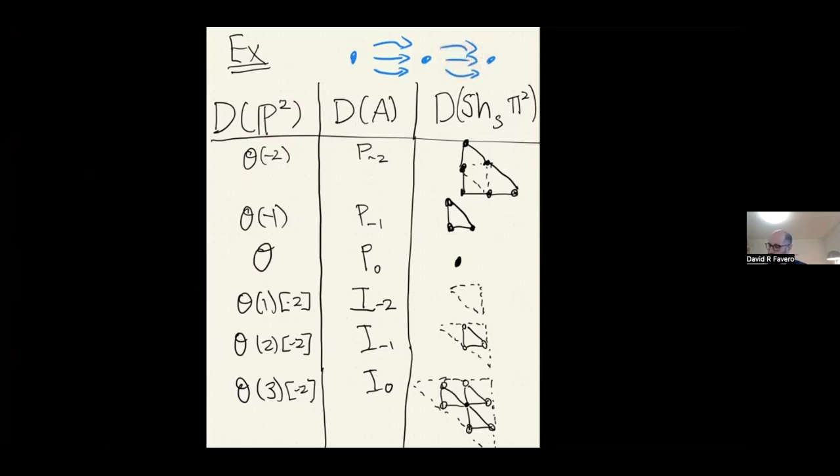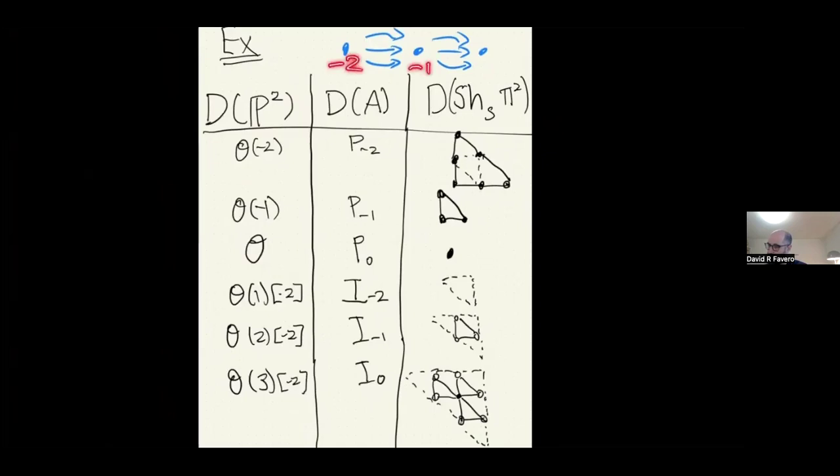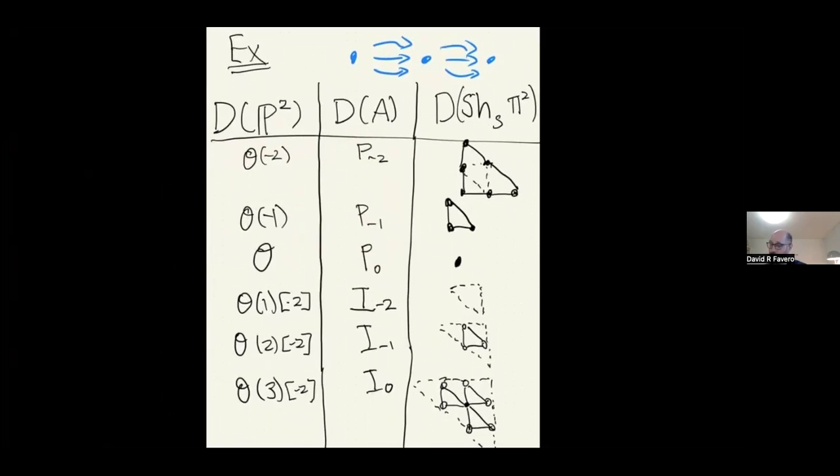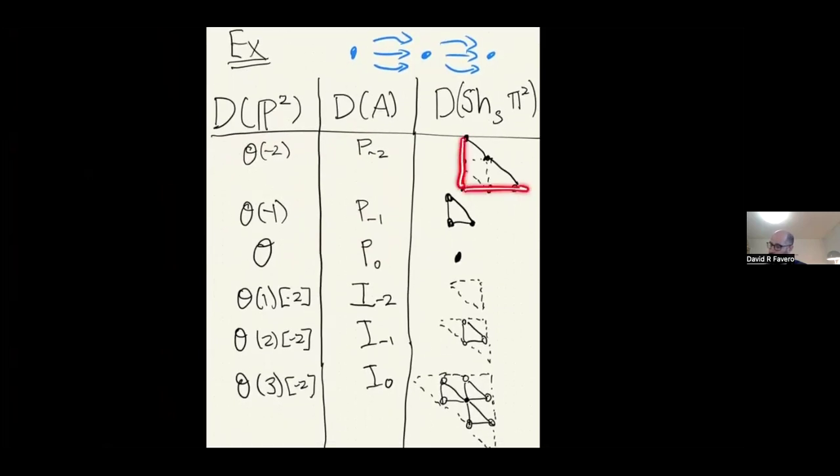So I think this is -2, -1, and 0. Maybe going out of the vertex, I'm not sure. If I consider these three projective modules, they correspond to these three line bundles. And as constructible sheaves on the torus, I look at the universal cover of the torus, which is R^2, and I take the shriek forward of these different polytopes.